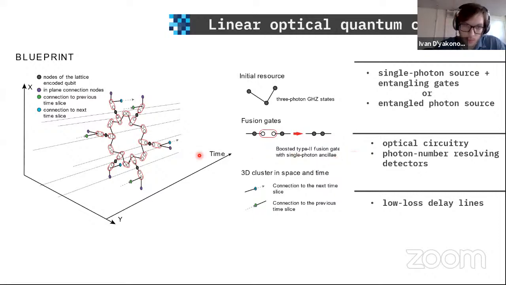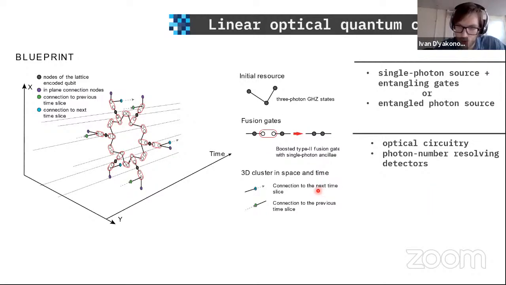Next, to construct the 3-dimensional cluster for the quantum computation, some low-loss delay lines have to be included into consideration because the machine, which was depicted on the previous slide, operates in a time-like manner, switching on and off different parts of the device. So the photons have to travel from one layer to another one with some time-like separation.